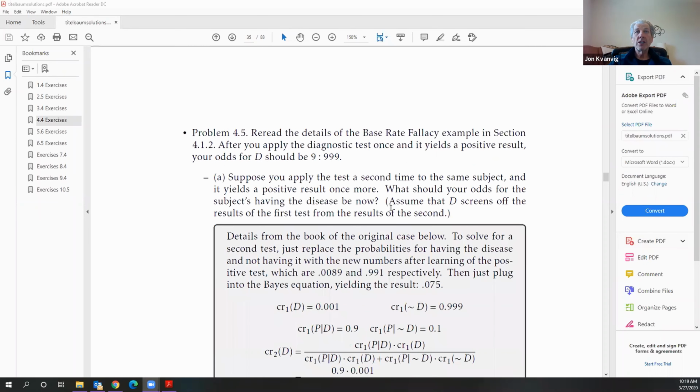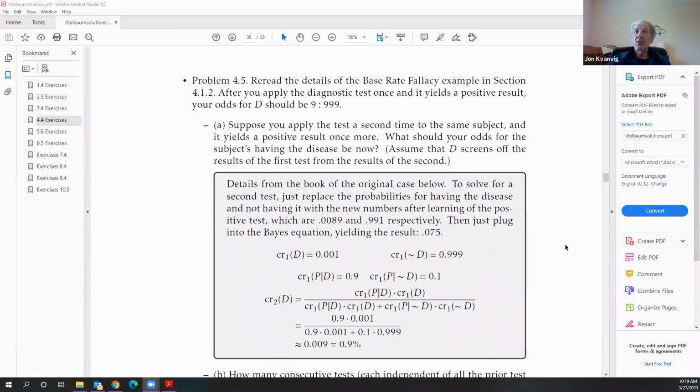In order to solve it, you have to be able to convert between odds and probabilities. And then it's just plugging in numbers. So that's a pretty boring project. You can figure out the credence for the disease is 0.001. The credence for not having the disease initially is 0.999.